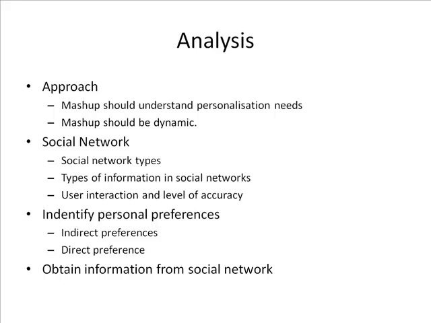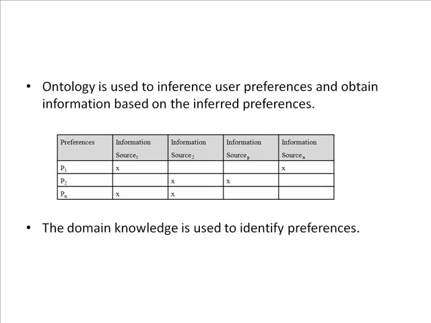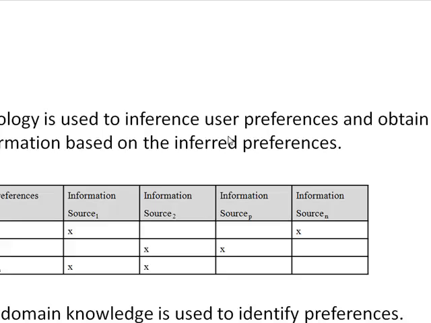This research is focused on developing an intelligent mashup system which infers personal preferences based on the personal information obtained from social networks. So basically the ontology is used to infer user preferences and obtain information based on the inferred preferences.